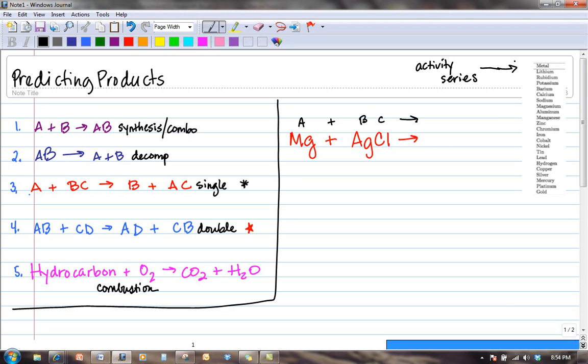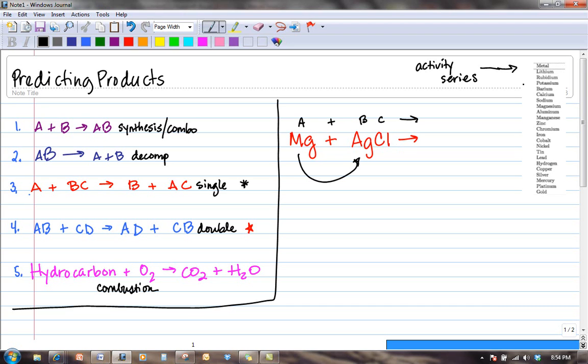Remember that the activity series is found on the back of your chem helper. In order for this equation to work, I need to use the activity series to see if magnesium is strong enough to remove silver from this compound and kick it out.